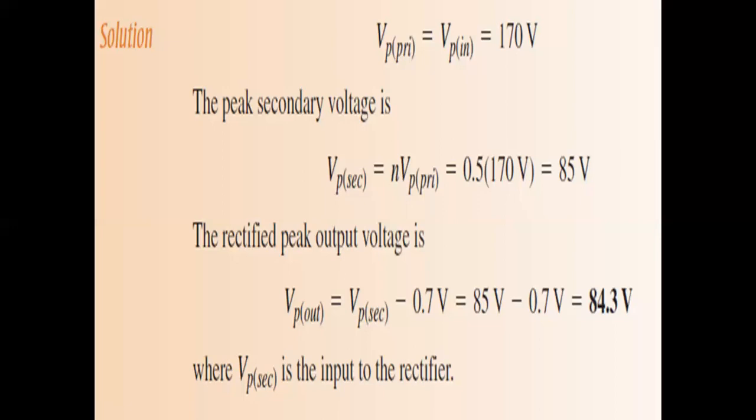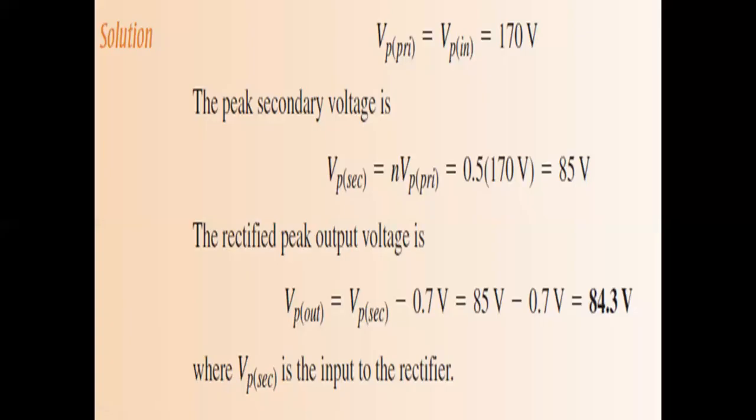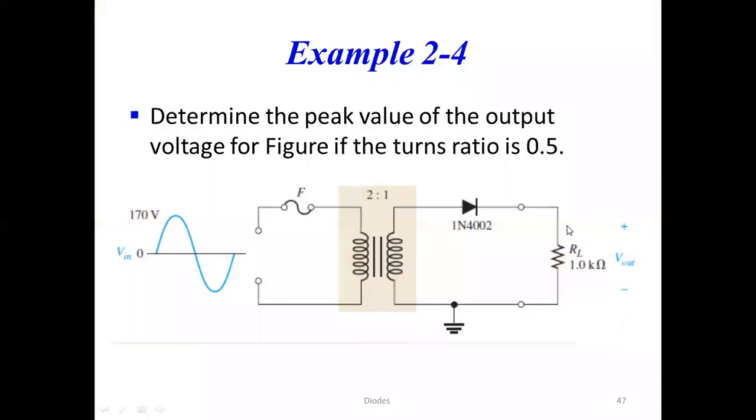Now I'm interested in what is the output of the rectifier. The rectifier peak input voltage is 85 volt. And what will be the voltage drop across the rectifier? 0.7 volt. So obviously 85 volt during positive half cycle minus 0.7 volt is nothing but 84.3 volt you will get across this resistor during the positive half cycle. Is that clear? During the negative half cycle, you will get output voltage 0.